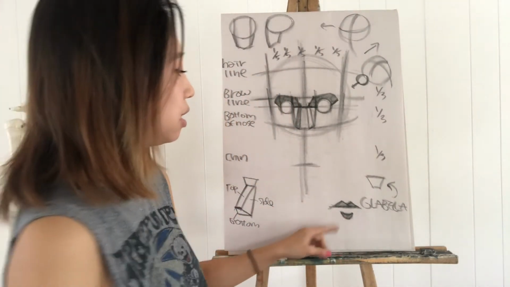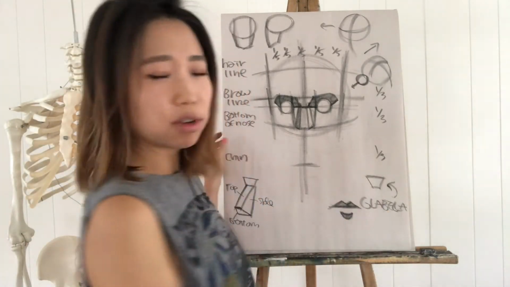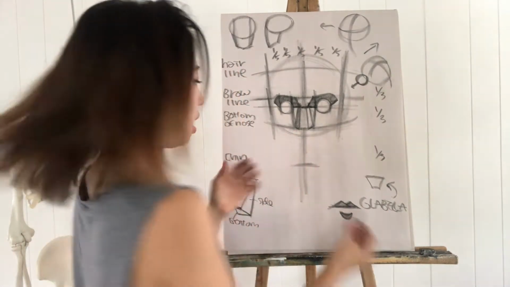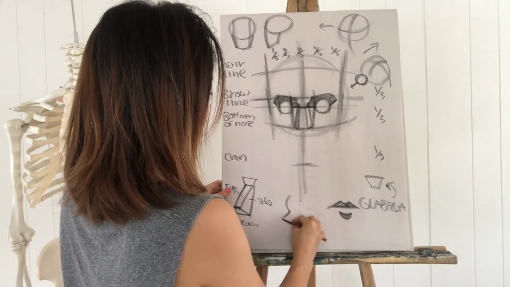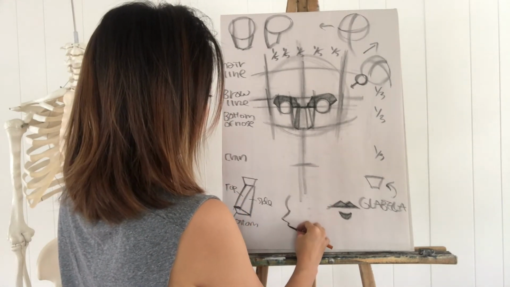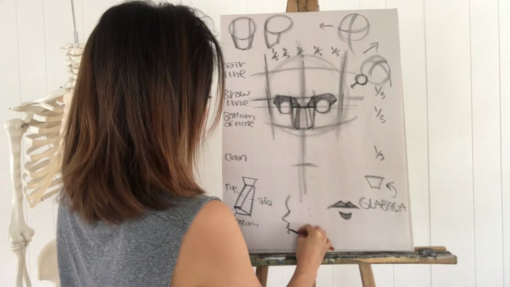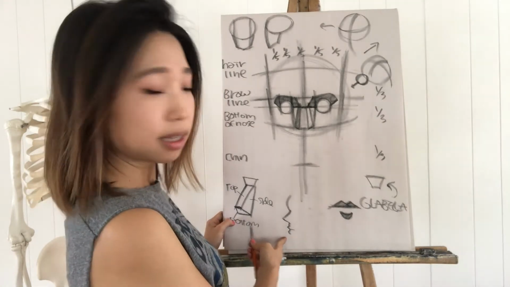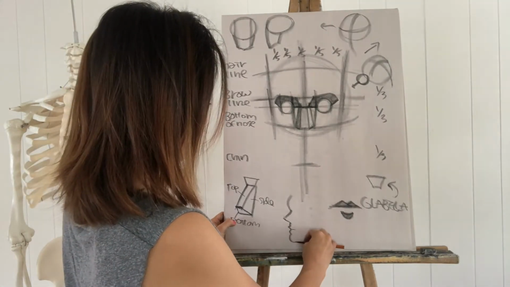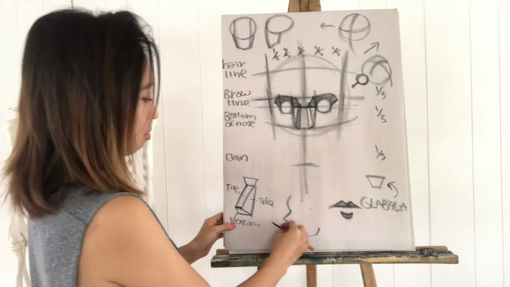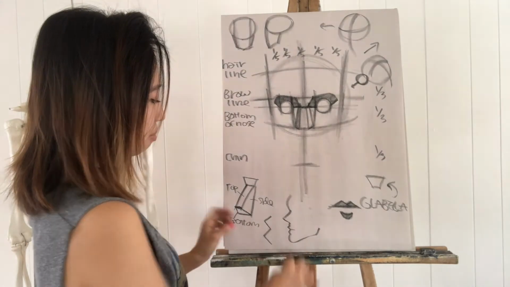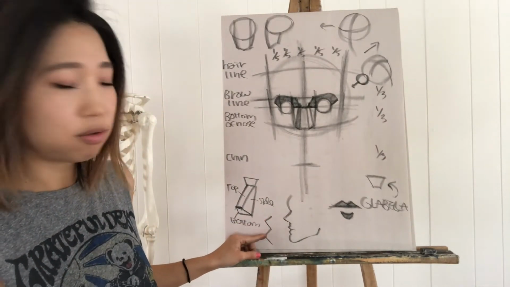And the reason why this is happening is because when you look at the profile view of the human head, we have the forehead like this, we have the nose, and then the lip would come out kind of like this, right? And so that means we have this little triangle shape happening for the upper lip and lower lip.